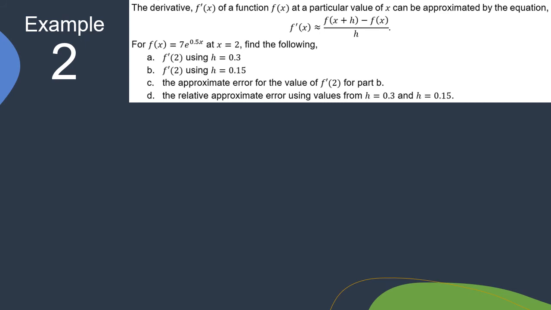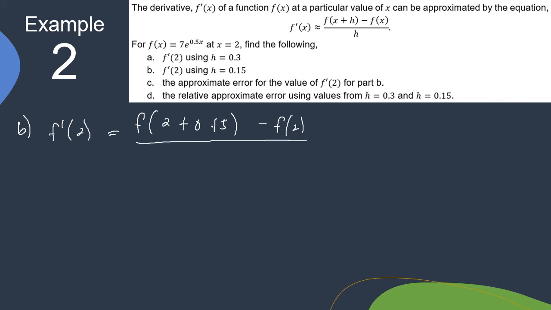Next, for f prime of 2 using an h of 0.15, we have f prime of 2 is equal to f of 2 plus your h of 0.15 minus f of 2 divided by 0.15. This is now equal to f of 2.15 minus f of 2 divided by 0.15.